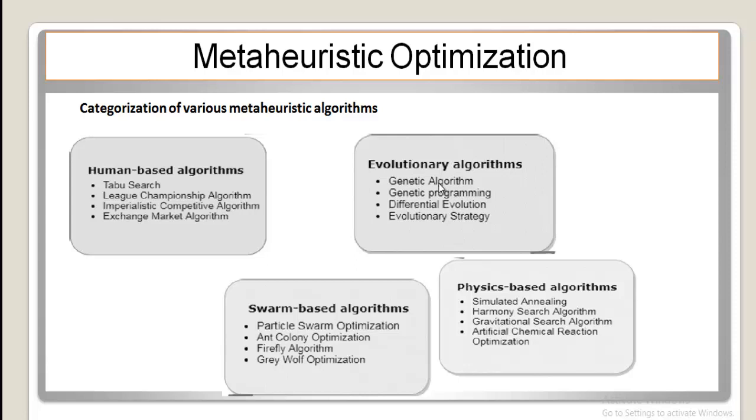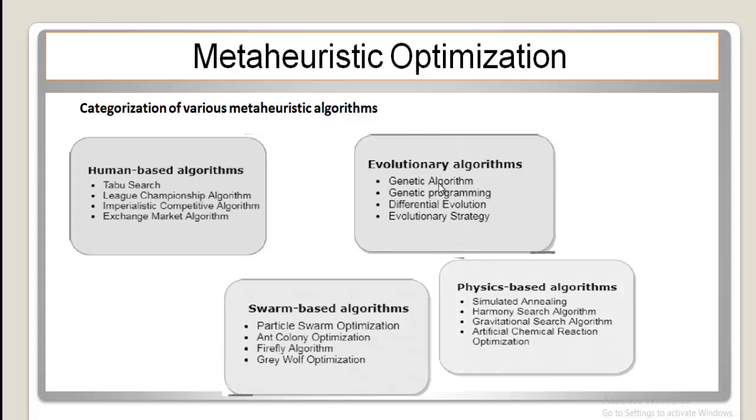The categorization of these algorithms is based on the inspiration behind them, demonstrating various sources from which these algorithms draw their problem-solving strategies. So metaheuristic algorithms can be categorized into four main categories, which are the human-based algorithms, evolutionary algorithms, swarm-based algorithms, and physics-based algorithms.